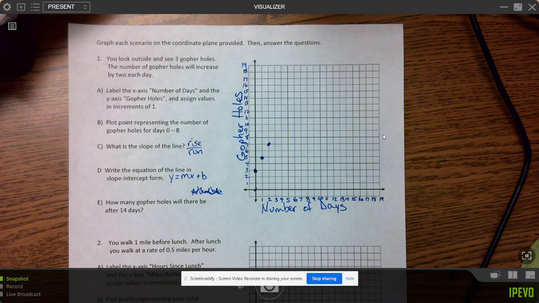So remember, if you need to look back at the beginning of this objective, what is the y? What is the m? What is the x? What is the b? You should be able to put it into the slope-intercept form.